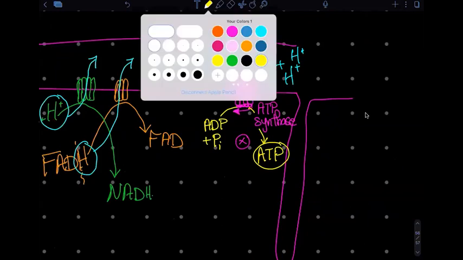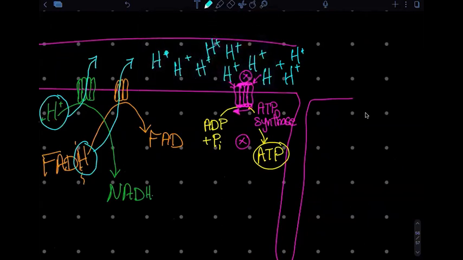But remember, in order to allow those hydrogens to keep traveling down their concentration gradient, losing their potential energy, in order for me to build up those ATPs, I need to keep a very low concentration on the inside of the inner membrane. So this hydrogen needs to be attached to oxygen.